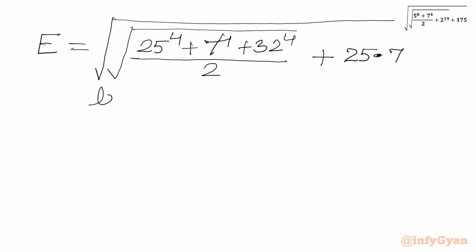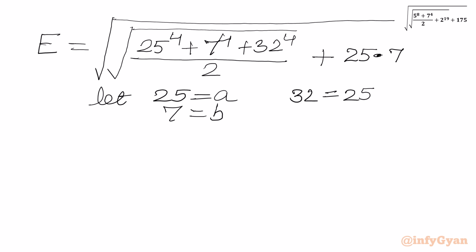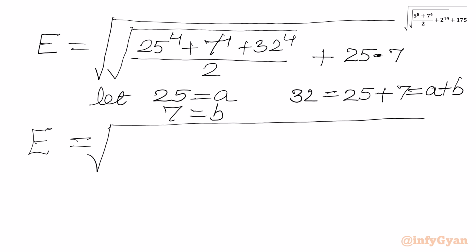Now we will use substitution. Let's say 25 is A, 7 is B, then 32 will be 25 plus 7. So I can write this will be equal to A plus B. Let's replace in terms of A and B. I will write a square root of 25 power 4.